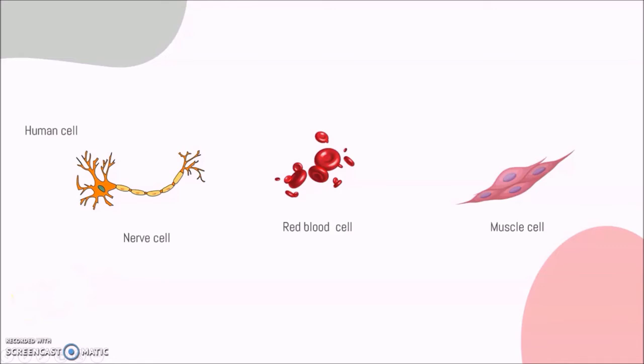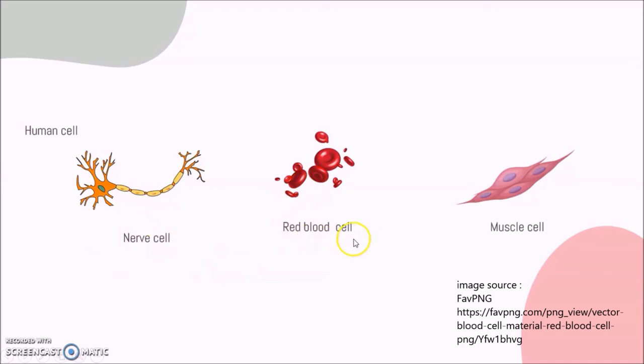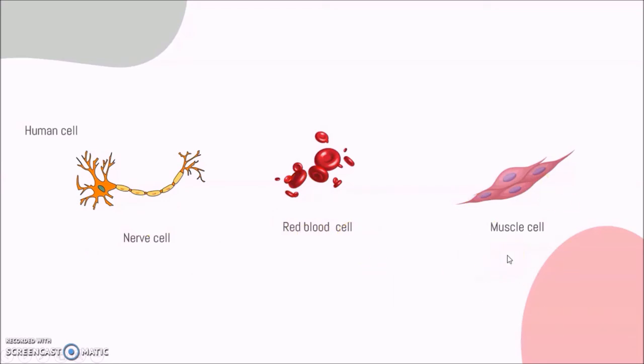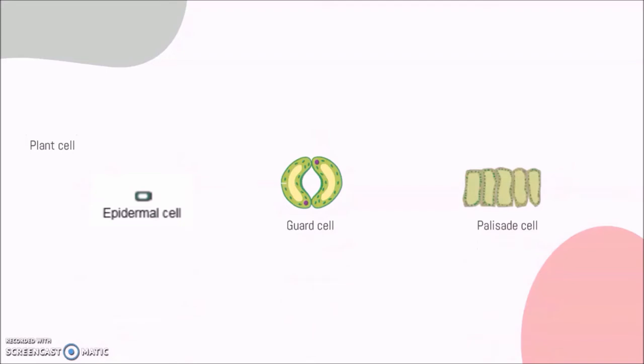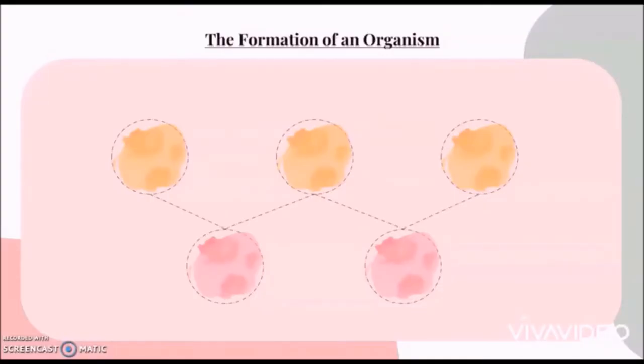Cells are the basic units of life in all organisms. These are examples of human cells: nerve cells, red blood cells, and muscle cells. Some examples of plant cells are epidermal cells, guard cells, and palisade cells. So, this is the formation of an organism.